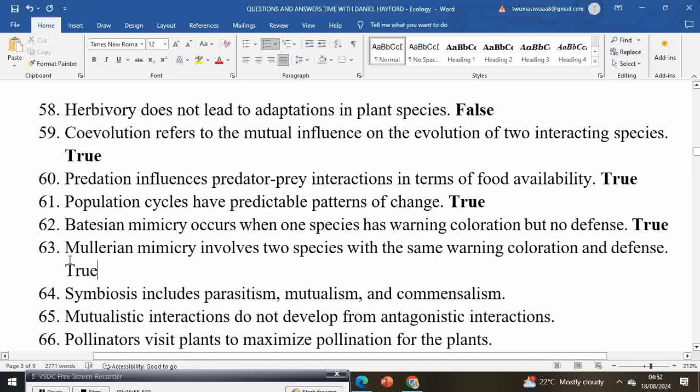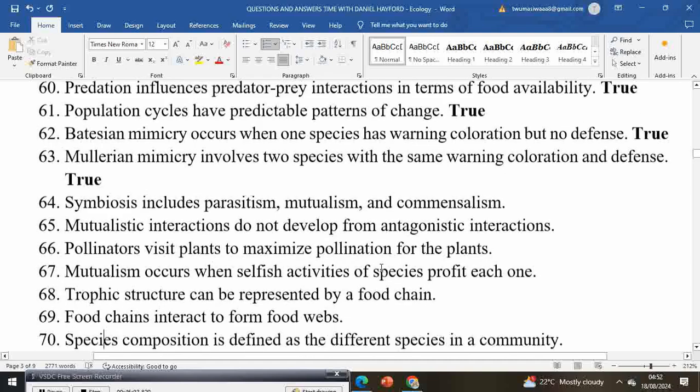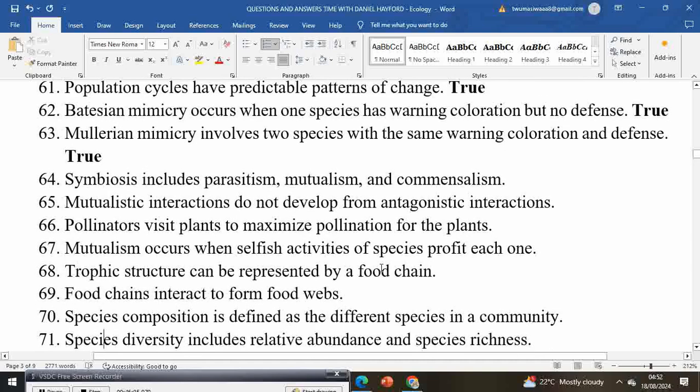Now, 64. Symbiosis includes parasitism, mutualism, and commensalism. This statement is true.